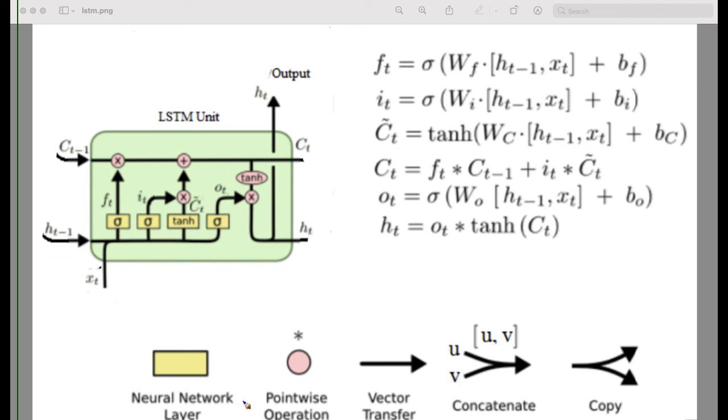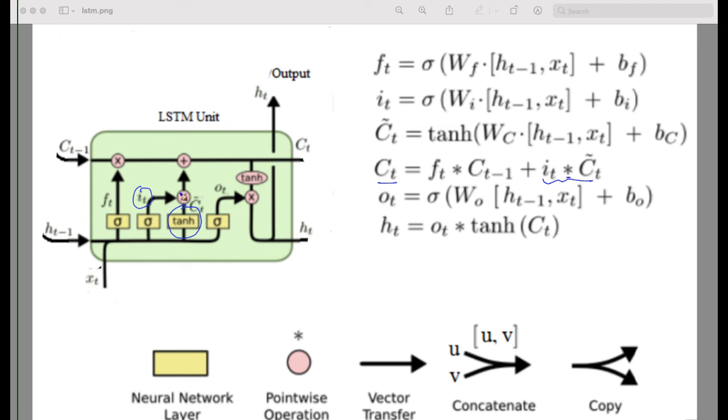Okay, now let's see CT. What is CT? Here, this is the pointwise multiplication of the output coming from here, that is CT tilde and IT. This is pointwise multiplication, and it is denoted like this.